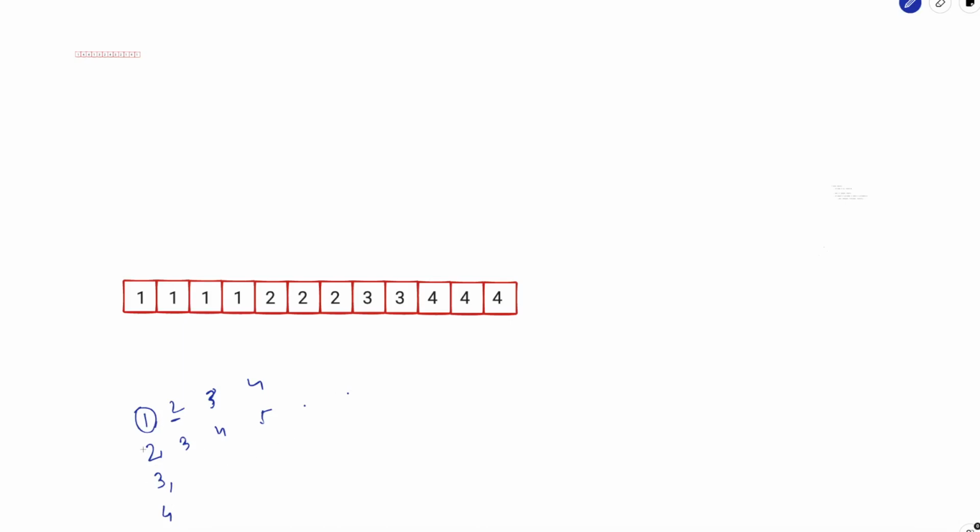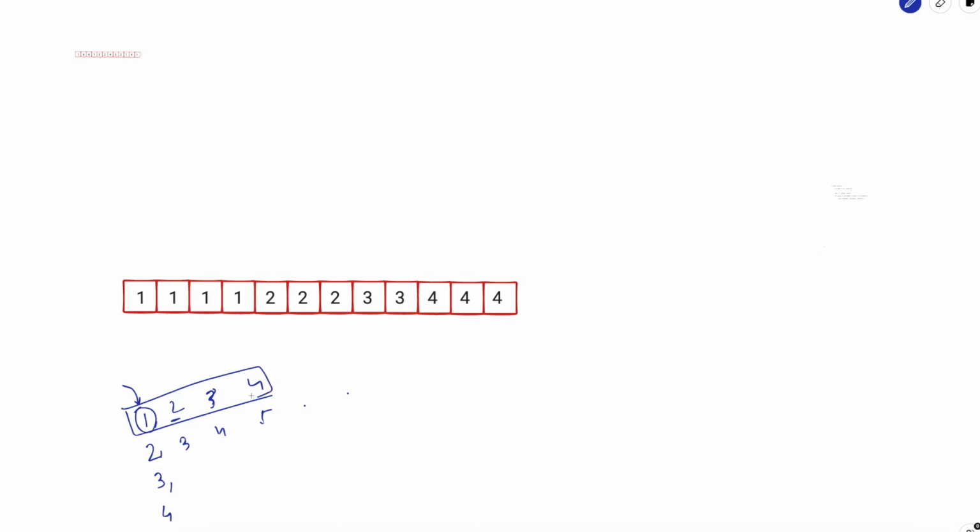So let's assume that the starting element is 1. Again, it can be 2, 3, 4, 5, or whatever, but for now we are assuming the starting element as 1. Our task is to find out what is the maximum length of the sequence I can get if I start at 1. That's my target.